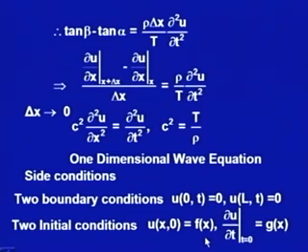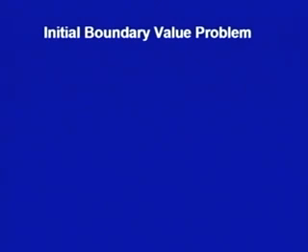So, what we have got: we want to find the deflection u x t in the vibrating string at any time t and any point x, which is governed by this initial boundary value problem.